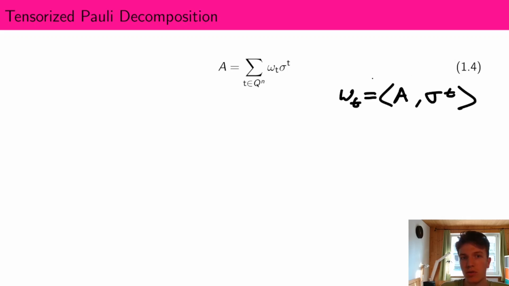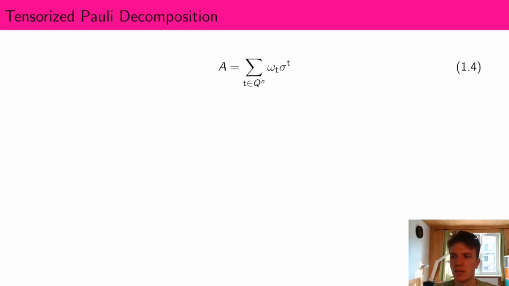So for 4 to the n Pauli strings, we have to compute the trace and the multiplication of 2 to the n times 2 to the n matrices. Since this is very inefficient, we came up with an approach that goes qubit by qubit.